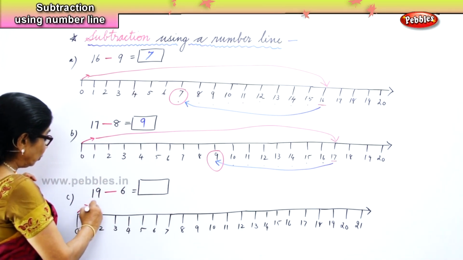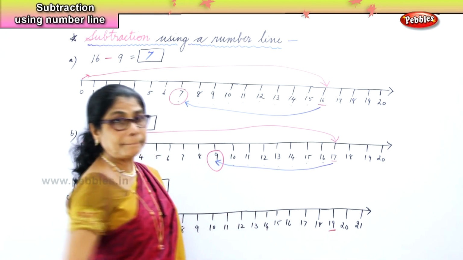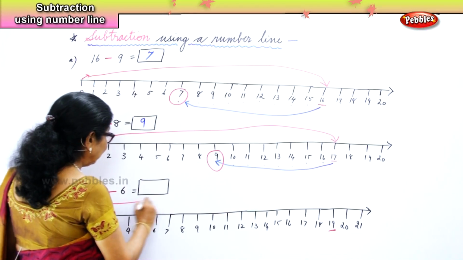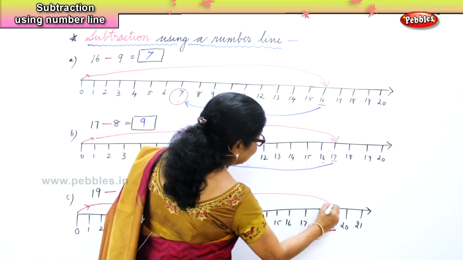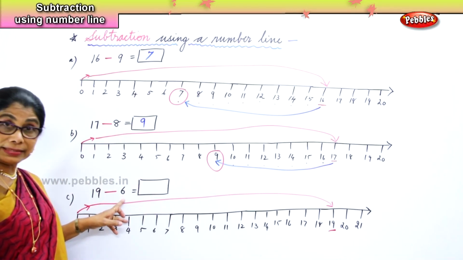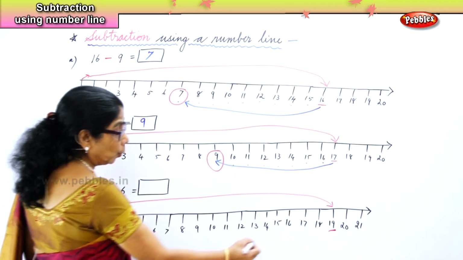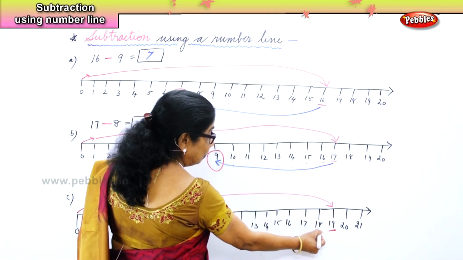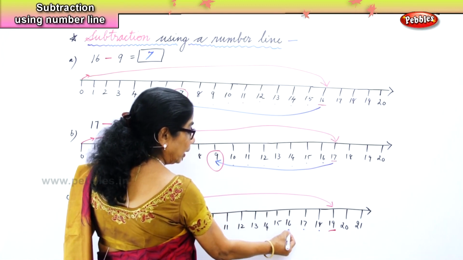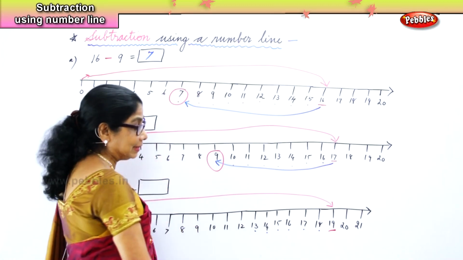So from 0, you go right up to 19. In subtraction, you take the arrow right up to 19. Take away 6. Count 6 numbers backward. 1, 2, 3, 4, 5, and 6.